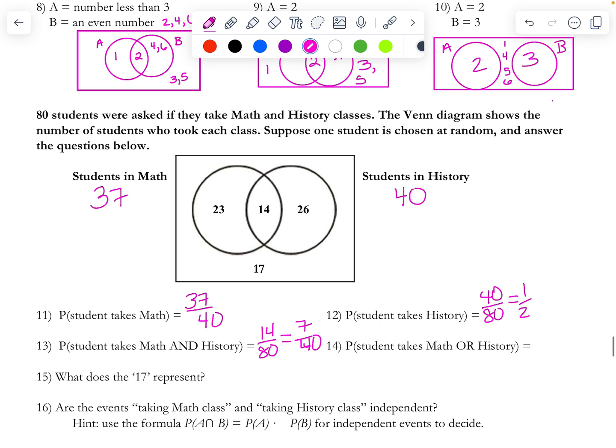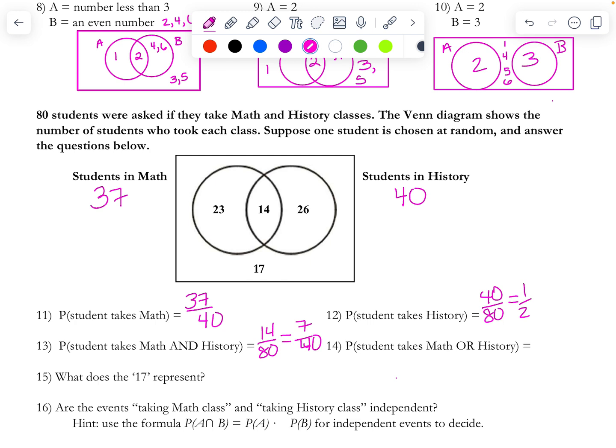Now for 14, it says, what's the probability a student takes math or history? So what I have to do is make sure that I add up everyone in the circles.